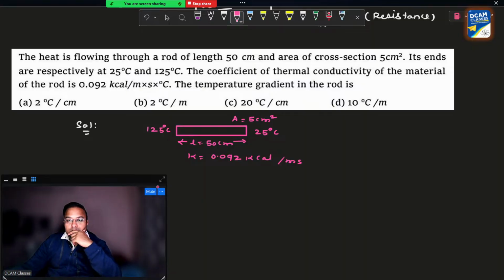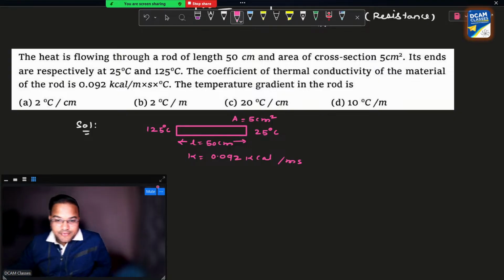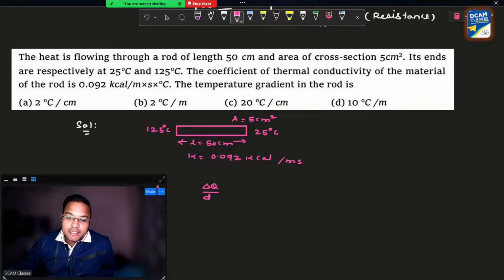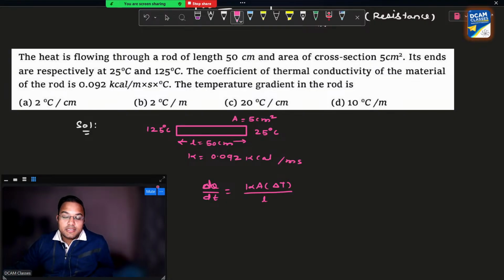Let's see. Temperature gradient. Okay, see, the formula is dQ by dt is equal to K A into delta T by L. But see, Q is not given.